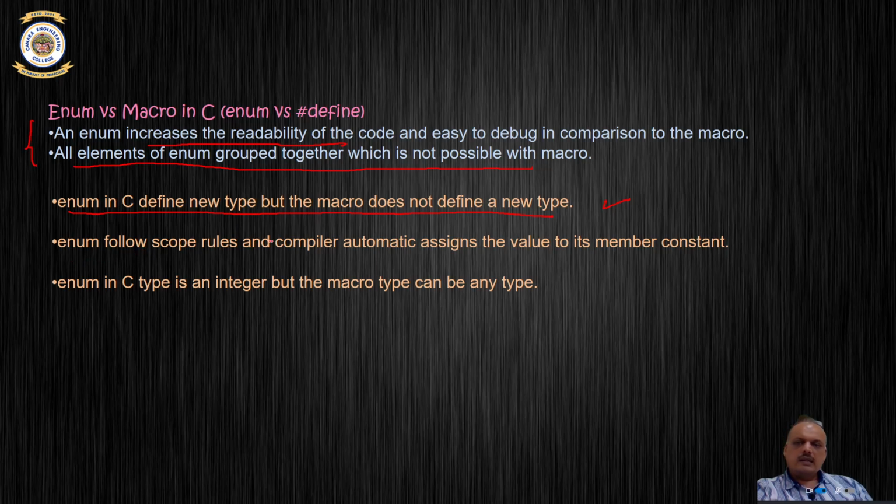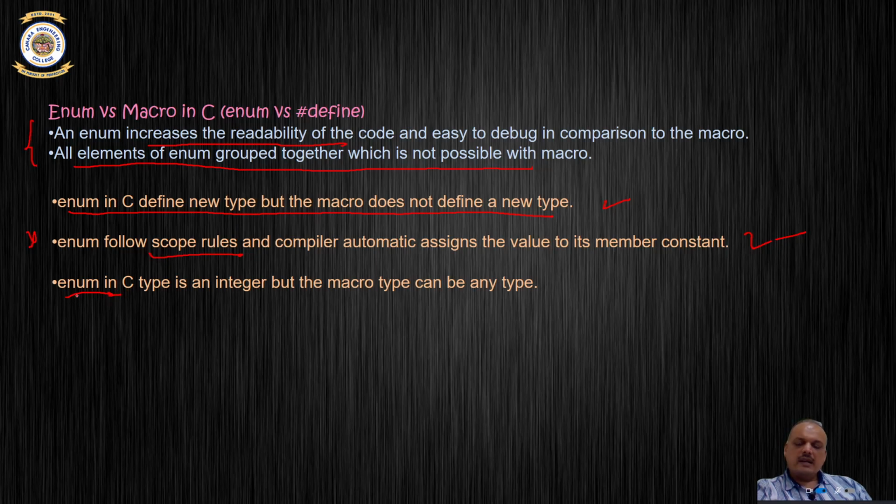The other thing, as mentioned earlier, is that the enumerator tag as well as the enumerator constants follow the scope rules of the C language strictly. This is not true in the case of a macro. The other thing is why macros do exist even when there are enumerators.